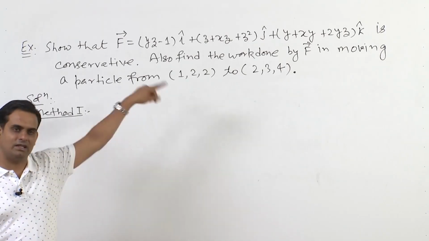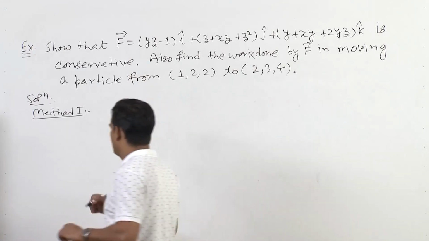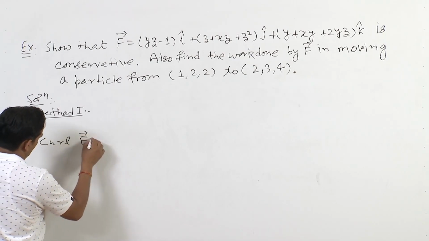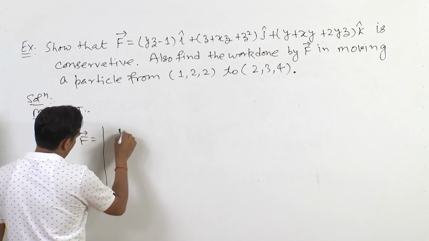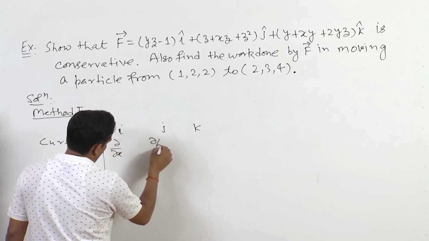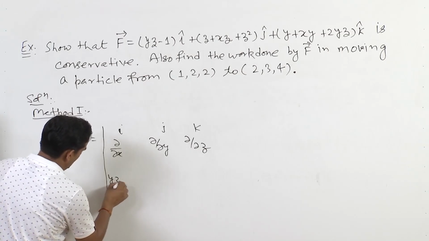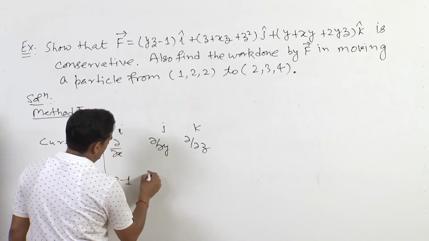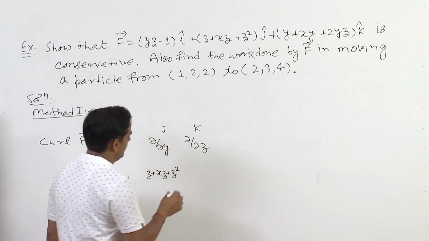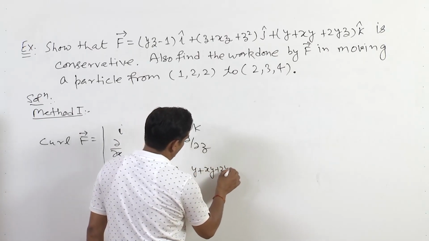So, if curl of F is 0, meaning F is a conservative vector field. So, calculate curl of F. It is given by the determinant with i j k, del by del x, del by del y, del by del z, and then yz minus 1, z plus xz plus z square, y plus xy plus 2yz.